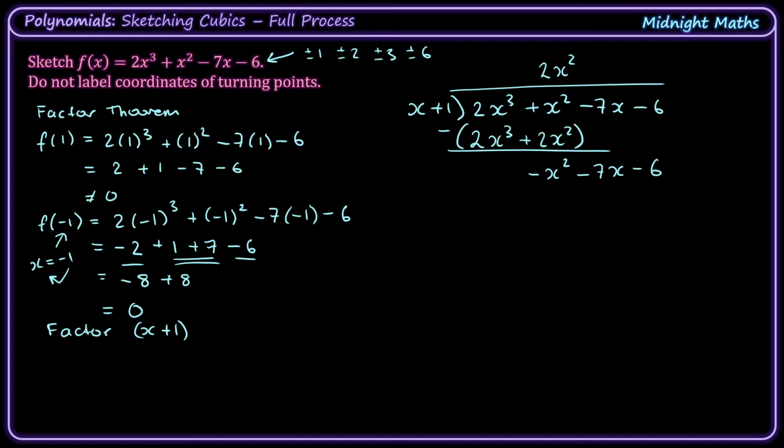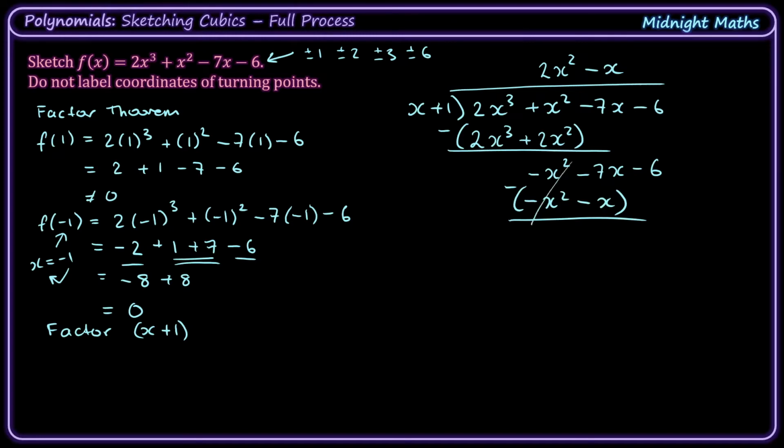So how many times does x go into minus x squared? That's just minus x. Then I will multiply minus x onto this term here. So I have minus x times x is minus x squared. Minus x times 1 is minus x. Then I'll subtract these away, and I have to be quite careful with the negatives at this point because there's a lot of them.